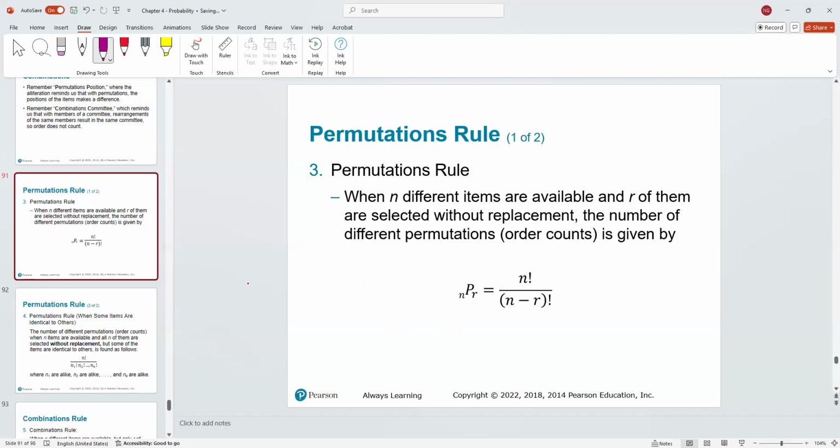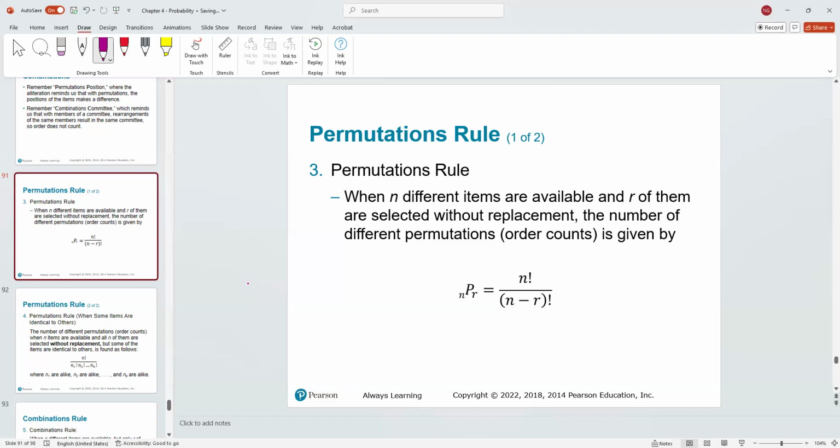So the result is the total number of arrangements, permutations, that are possible. So remember, we said rearrangement of the same items are counted as different permutations. So what we mean by that, as we said, is the number of permutations of n objects taken r at a time. Remember ordered, they must be ordered objects. So this is the formula for it.